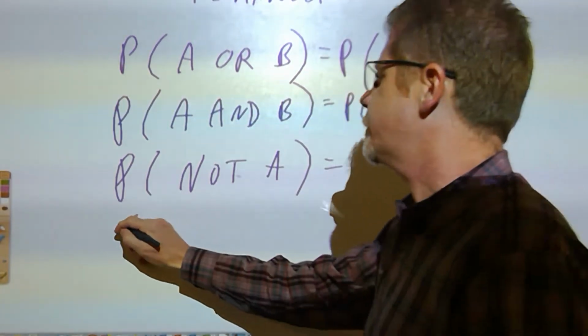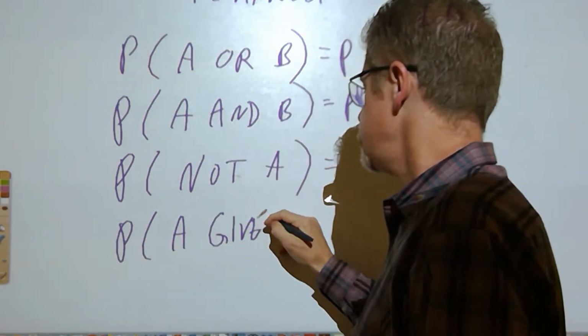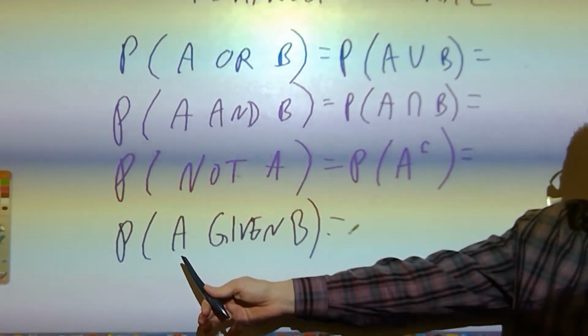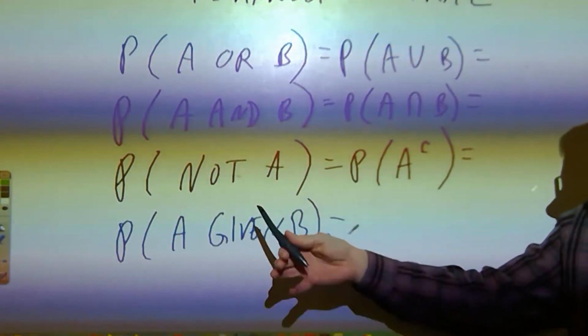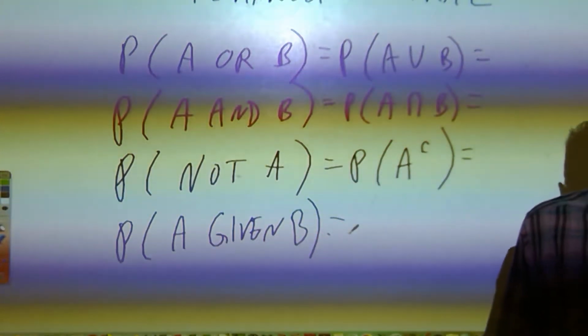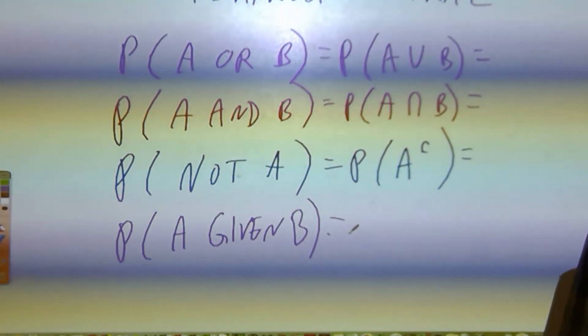And then finally, what's the probability of A given B? What's the probability that a randomly selected passenger on the Titanic is alive, given that they're a first class passenger? What's the probability that they end up alive, given that we know they're a third class passenger?